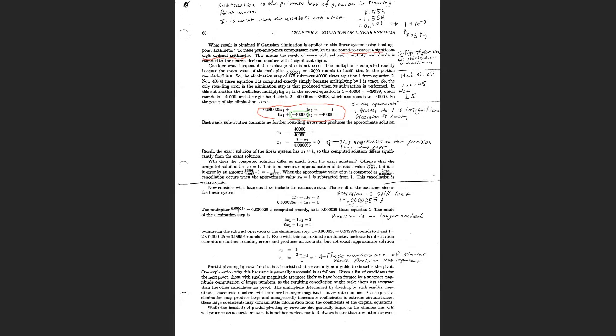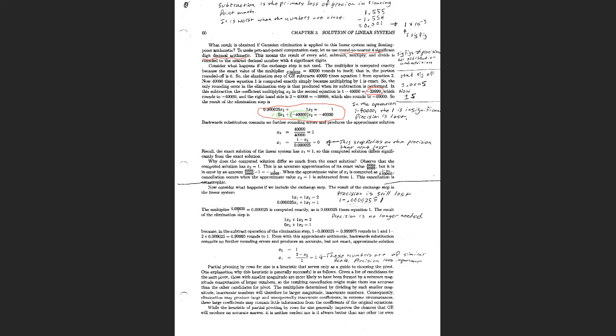That's good. But when you add negative 40,000 times 1 on the first row to the 1 in the second row, instead of negative 40,000, you should be getting negative 39,999. That's what they comment on here.